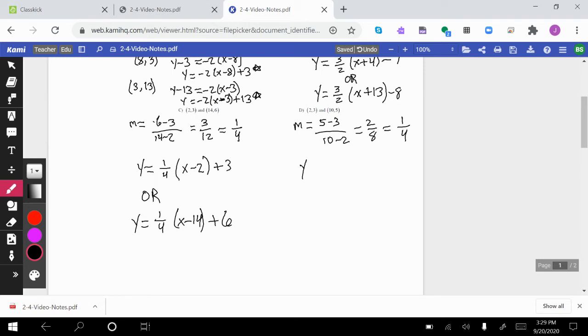And again, point slope form, y equals m, which is our slope, so 1/4 times x minus 2, that's our x1 value, plus 3, which is our y value, or we do y equals 1/4 times x minus 10, right, because that's x2, plus 5, that's y2, and either of those would work, okay?